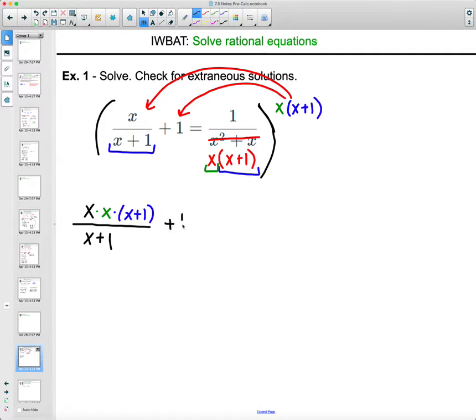So we've got that plus 1 that we're multiplying by x and by x plus 1. And then we have this side, and I'm going to write it with the factored bottom. So I have this x, and I have this x plus 1. And then we're multiplying this into it. So I'm multiplying by x and by x plus 1.